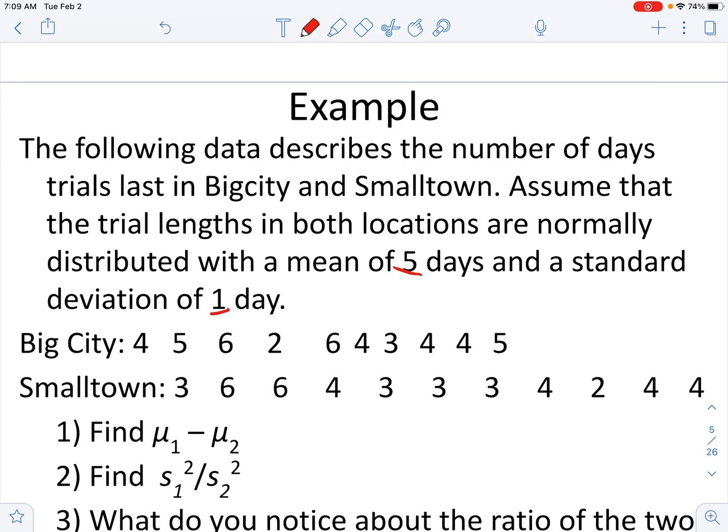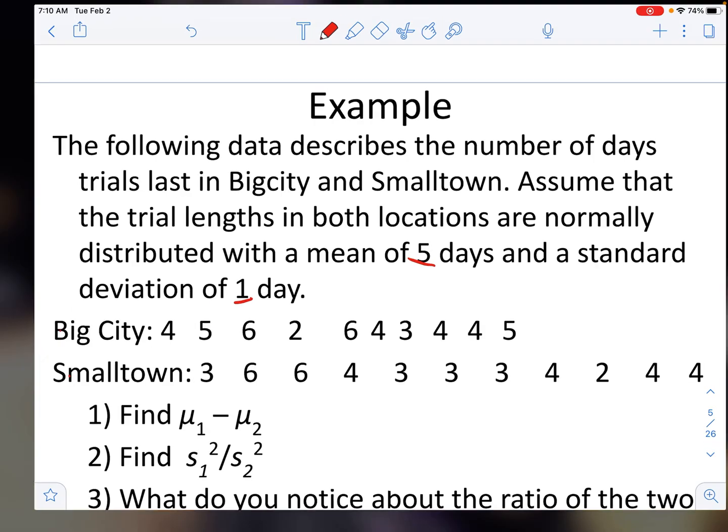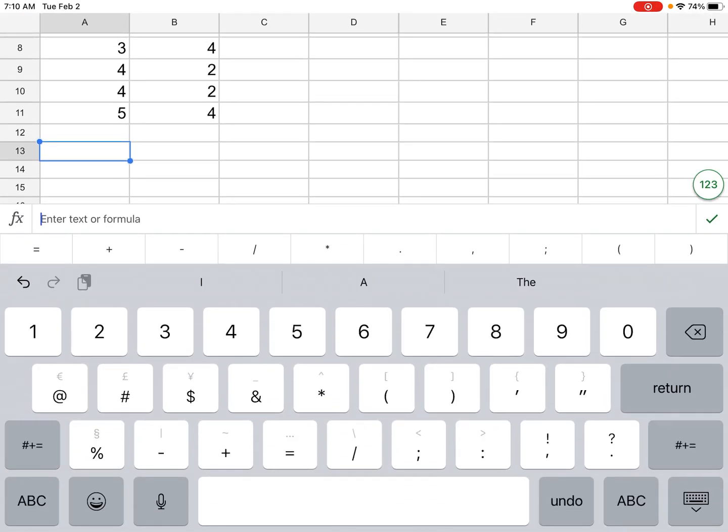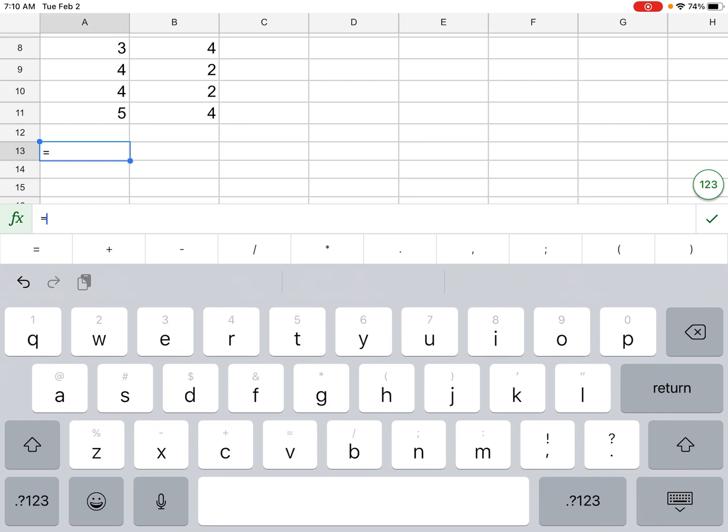So first of all, I need to find the average for big city and the average for small town. The easiest way is just go to your sheet, and if I want to find the average, remember we just hit equals, and then you spell out average.